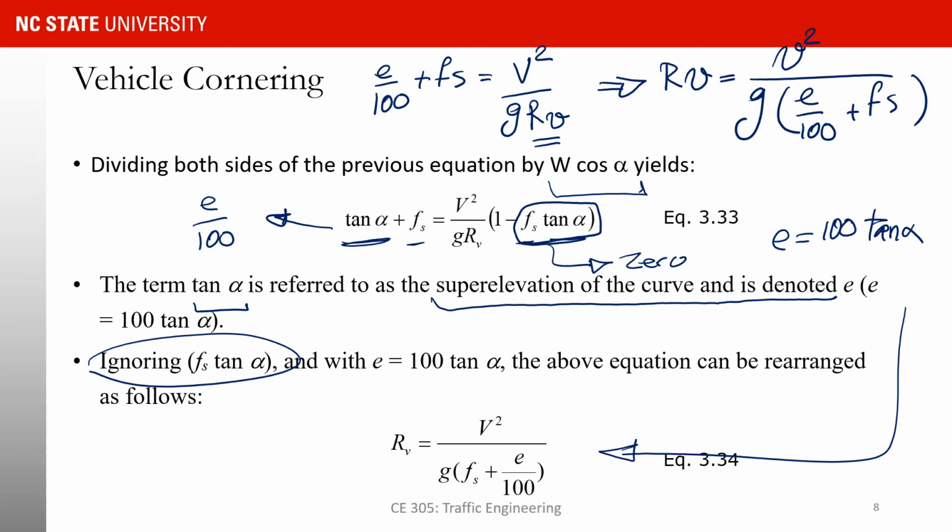What this equation tells me is that if I know the speed that the vehicle is traveling at, if I know the coefficient of gravitational force, if I know the coefficient of side friction, and if I know the super elevation, then I will have the maximum radius that I can have for a curve.